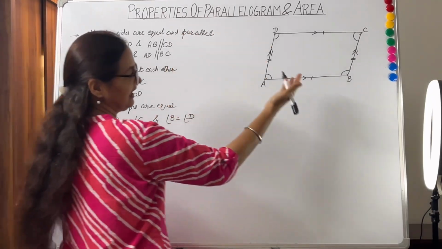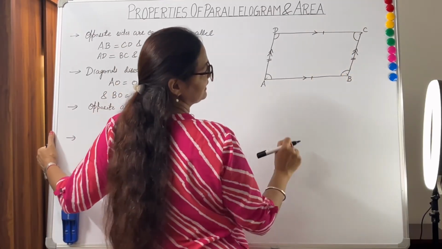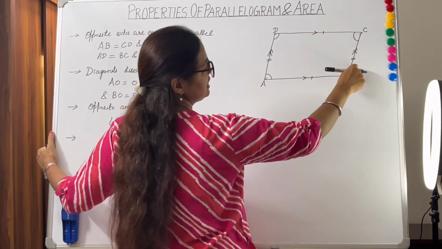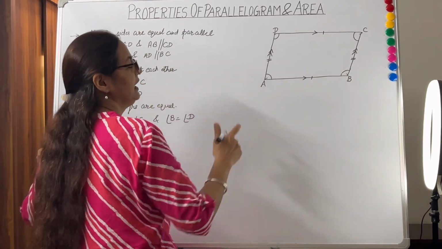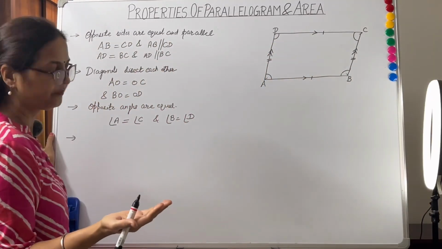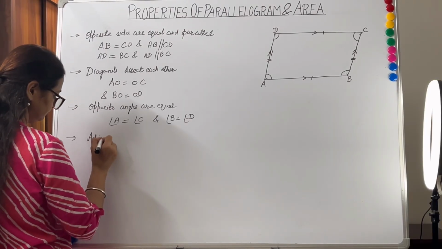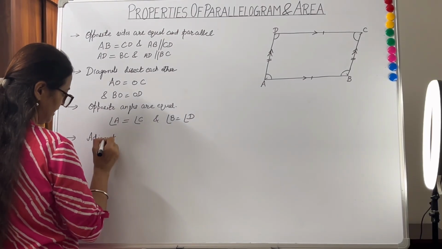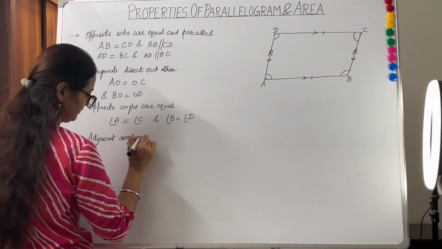So similarly, if we take B and C, AB and CD are parallel and BC is a transversal, so C and B are making co-interior angles, they are supplementary. And same is the case with other pairs of adjacent angles. So adjacent angles of a parallelogram are supplementary.